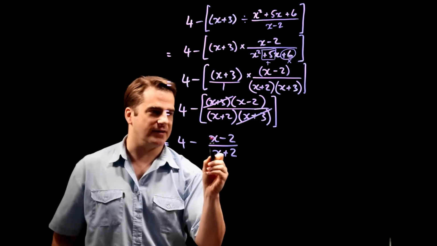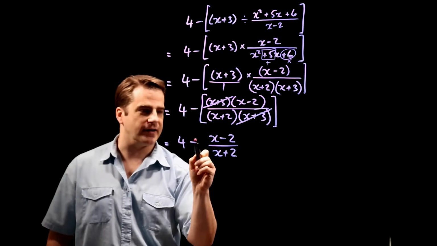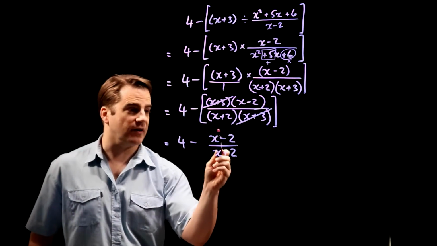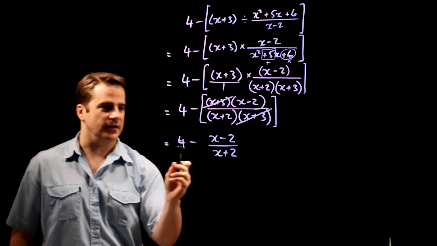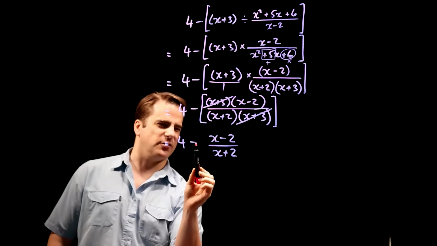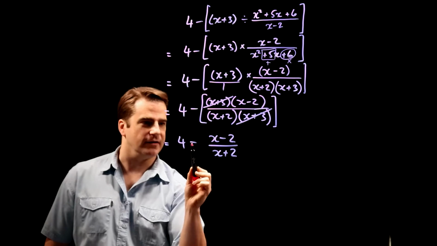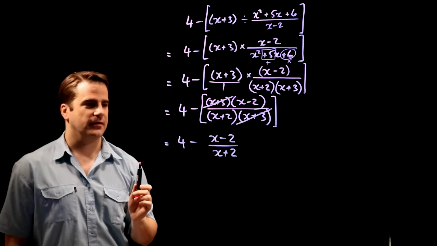So you end up with minus x minus 2 on the top, okay? It's very important. That's like a big minus 1 multiplying the whole thing. It's minus 1 times everything on top. Very important. Make sure the minus sign, okay, I've drawn it slightly above the line here, but it should be level with the dividing line. And it's minus 1 multiplying the whole thing on top.